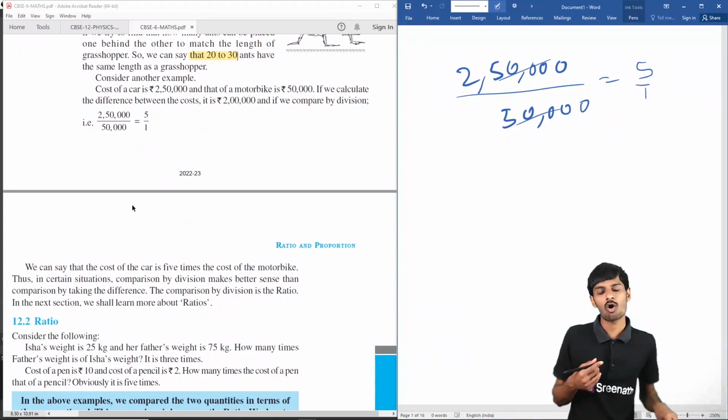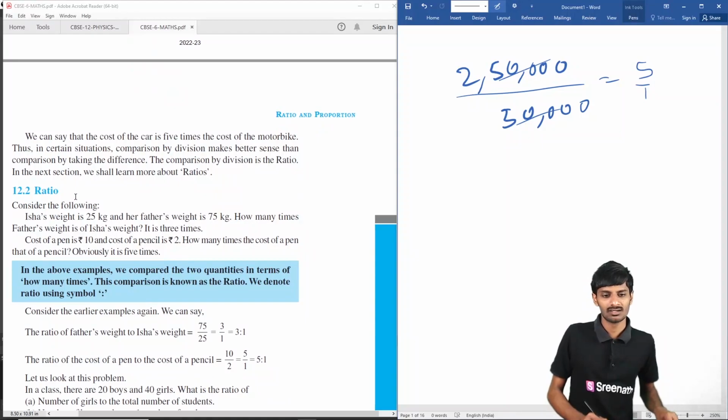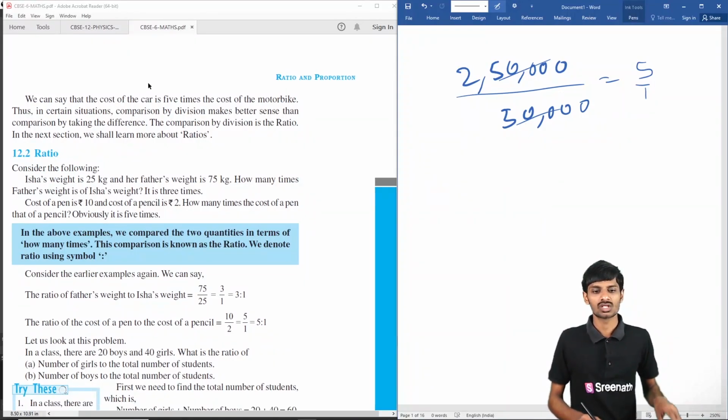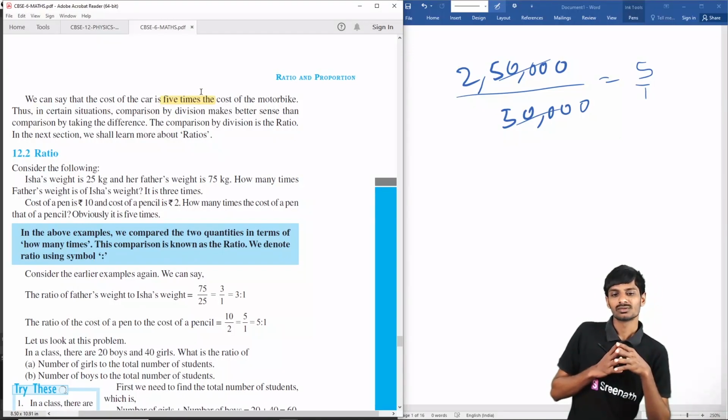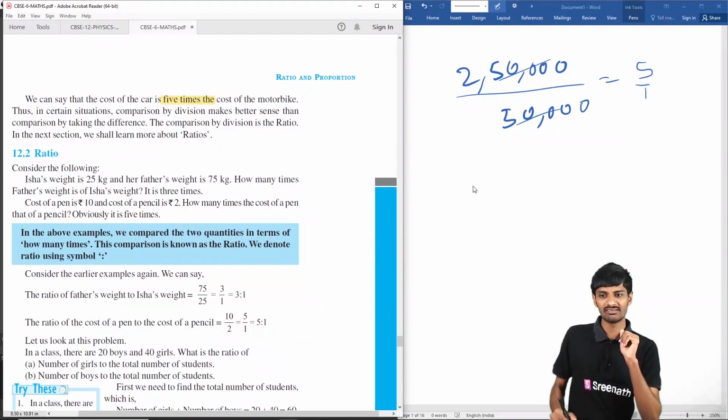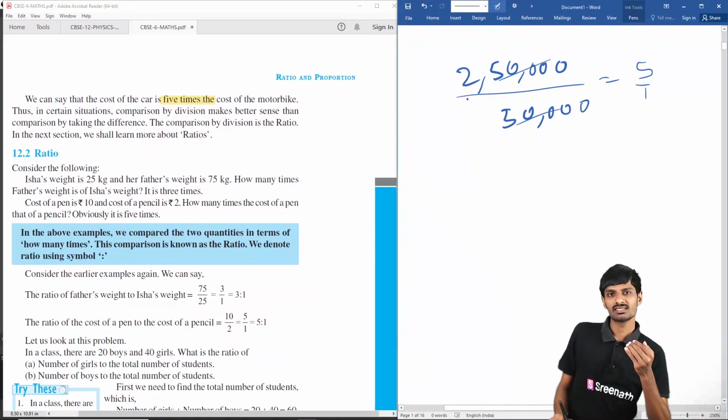You will immediately get an idea of how much bigger it is. So the cost of the car is 5 times the cost of the motorbike. This type of division, by which we have compared here, used to compare two quantities is called a ratio.